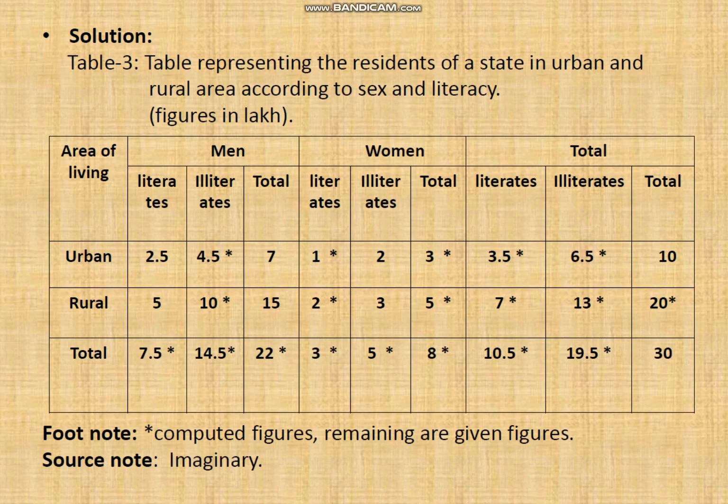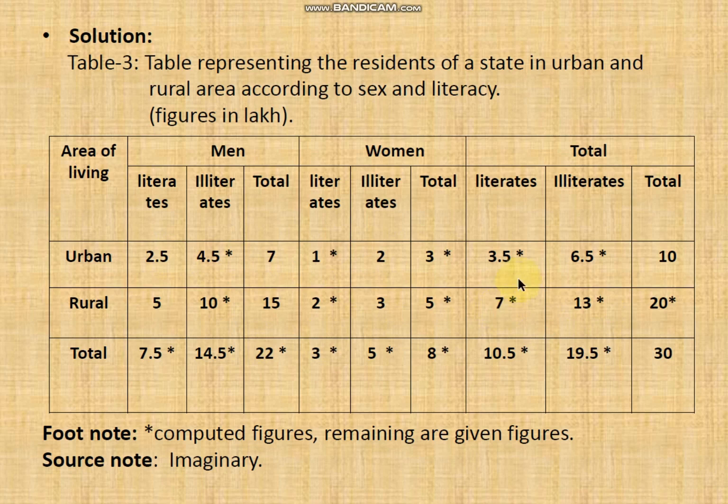Now let us look at the table constructed here. Again, you have to write the table number and the title of the table: residents of a state in urban and rural areas according to sex and literacy. Figures are in lakh. Since you cannot write 2,50,000 here, it would be a very big number, and all the numbers here are in lakhs, so you can't write them in one table due to space.